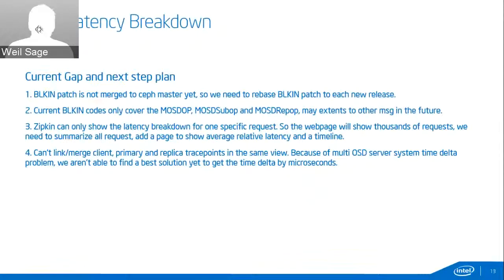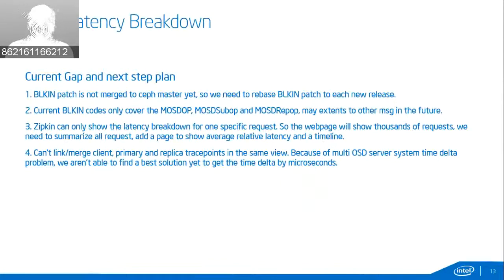Awesome. If the code is merged in, I confess I haven't looked closely at the patch, but if we merge this in and you have blocking disabled and everything, is there a cost to having these trace points there, or is it only when you enable all the trace points? Zipkin is somewhat offline processing, so I don't think there is a huge performance cost.